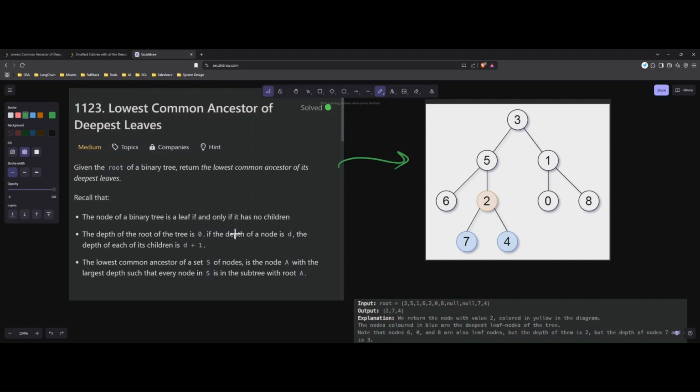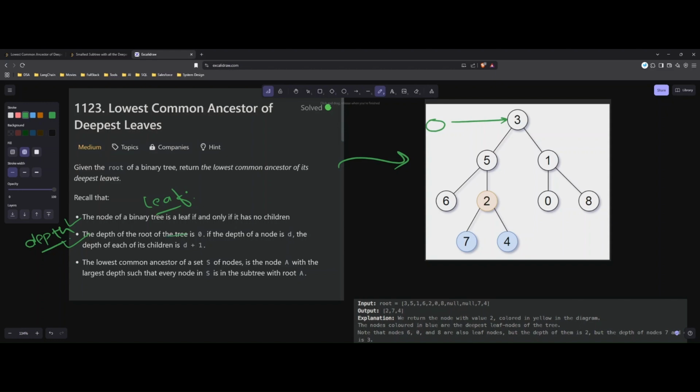The second thing is depth. What is depth? We can say it is the height or the level.